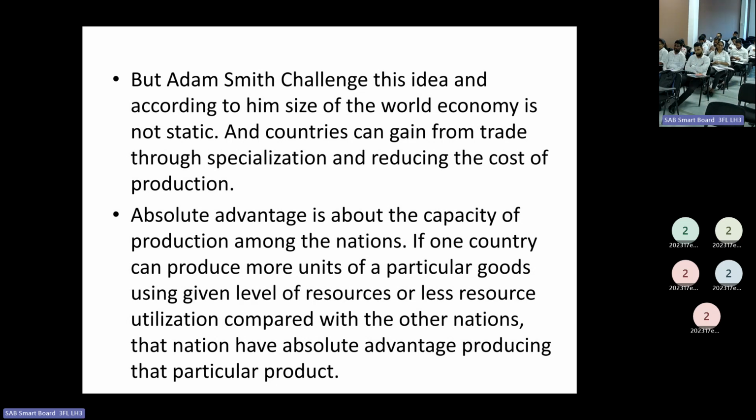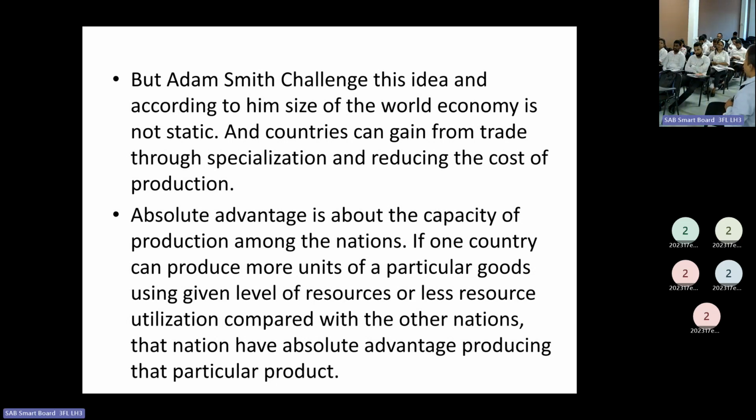Adam Smith explained the absolute advantage theory. According to that, nations can engage in international trade based on absolute cost.